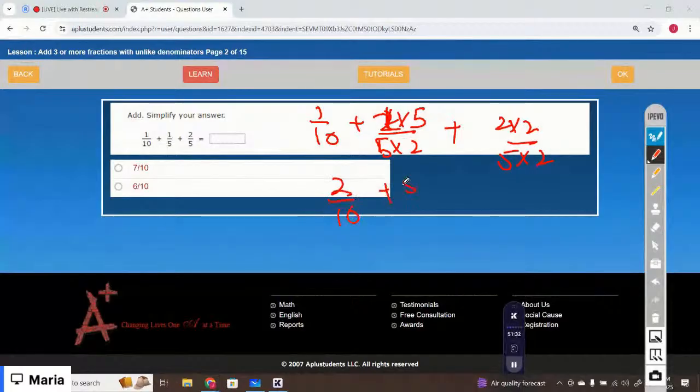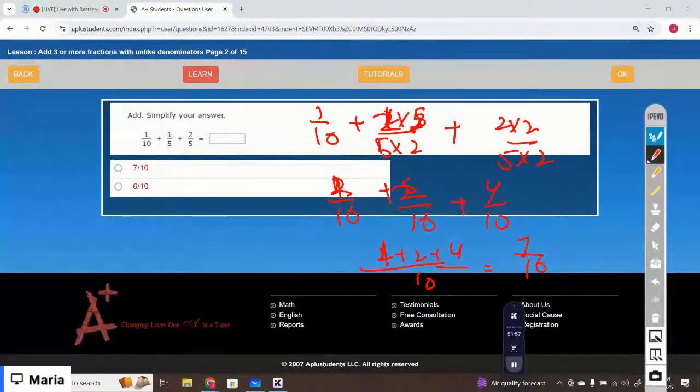That is 1 times 2 is 2 and 5 times 2 is 10, and 2 times 2 is 4, so 4 over 10. So now you have like denominators, just add the numerators. That is 4, 5, 6, and 1, 7 over 10.